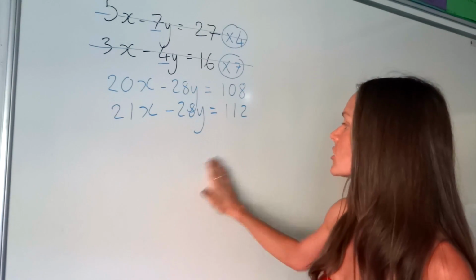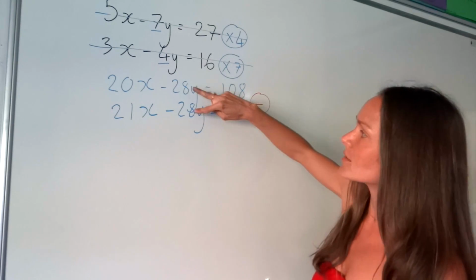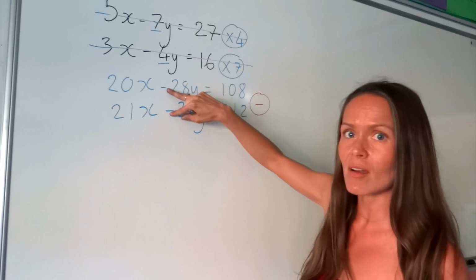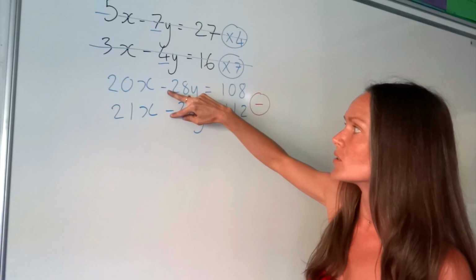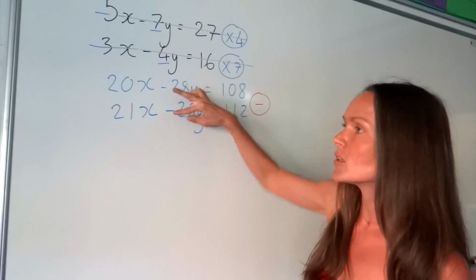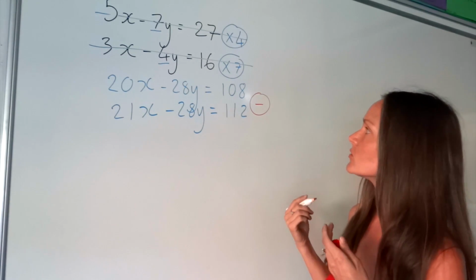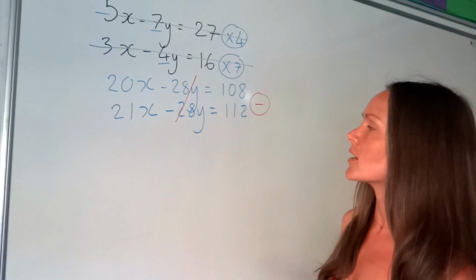So it's actually subtract. Okay, whenever you get the same number and the same sign, so whether they're plus plus or minus minus, it's always subtract. If the signs are different, then you're adding, but you'll get used to this the more questions you do. So I'm going to subtract everything else in the equations.